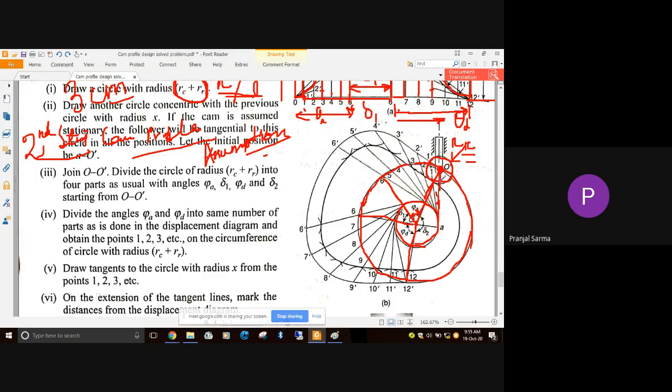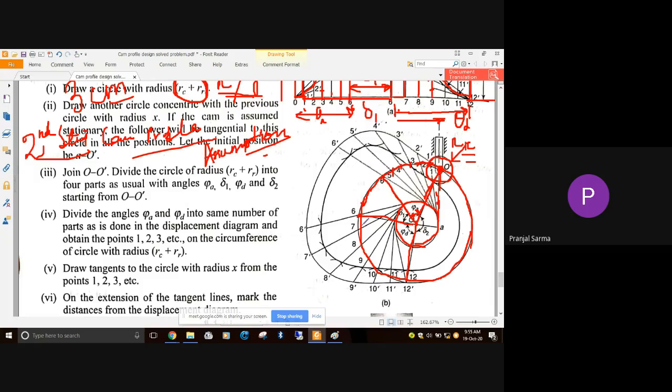So now what we'll do, you just mark those divisions here and give them numbers 1, 2, 3, 4, 5, 6. Similarly, in the descent, it is dwell, you don't have to mark anything, you don't have to divide. Next, once again, this angle will be from here to here, that descent stroke.